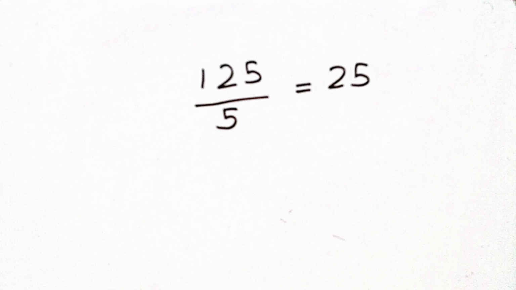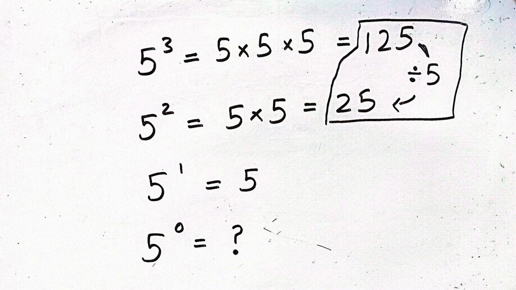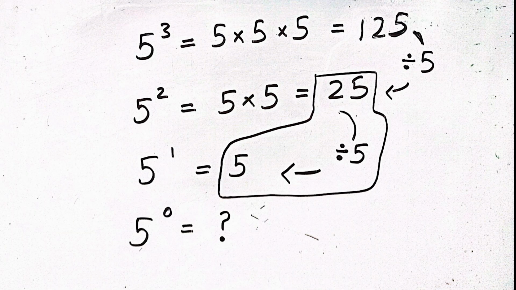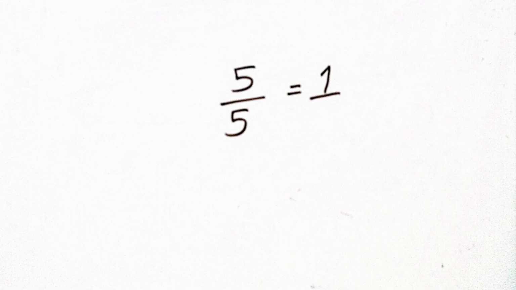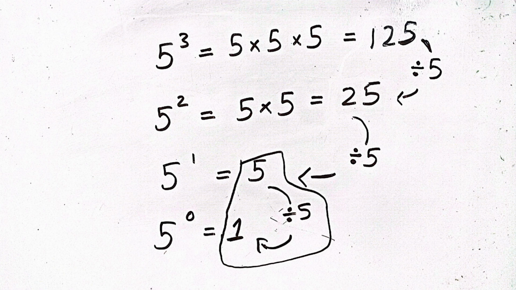If you divide 125 by 5, you reach 25. If you divide 25 by 5, then you reach 5. So this technically means if you have to go down one step more, you have to divide 5 by 5. And thus, 5 raised to power 0 equals 1.